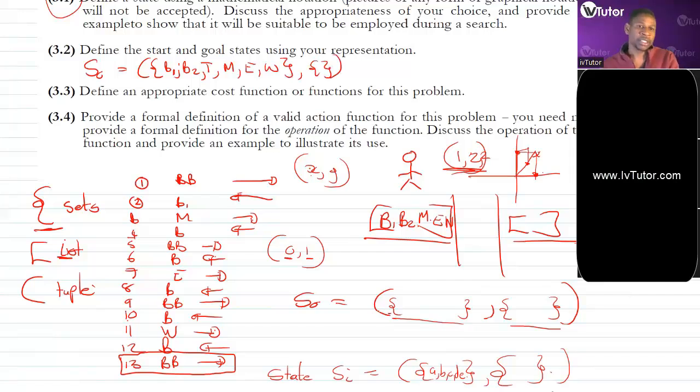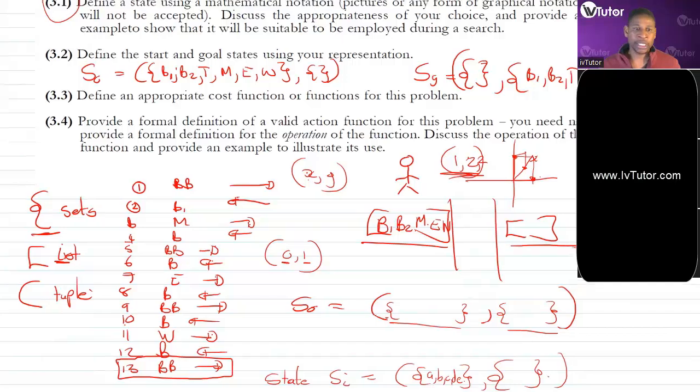So this is the initial state. Goal state is equal to, and then everyone will be that side: B2, T.